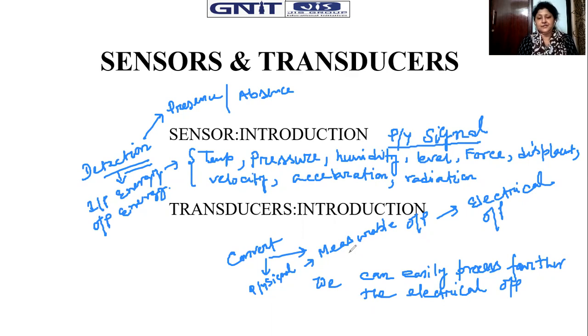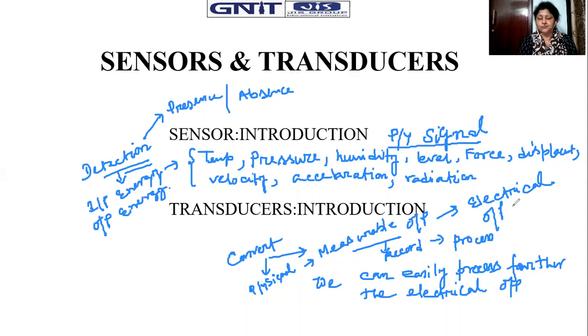In that case, we require a measurable output to record or to further process. That's why we require the transducer, which will convert the physical signal into a measurable output.